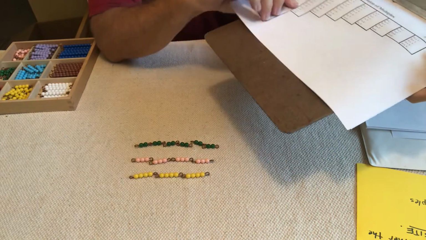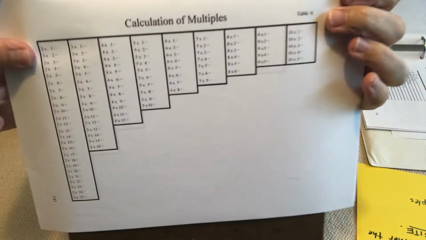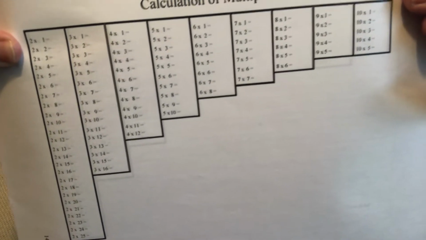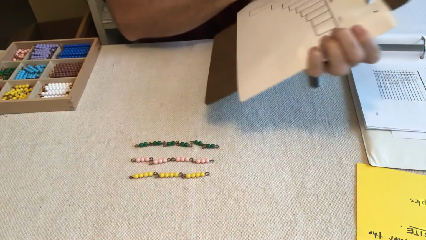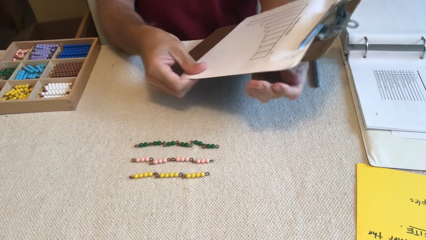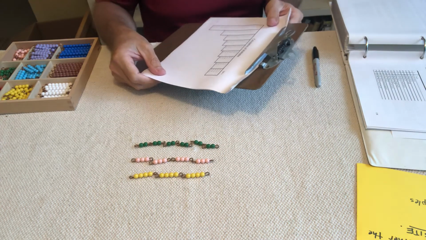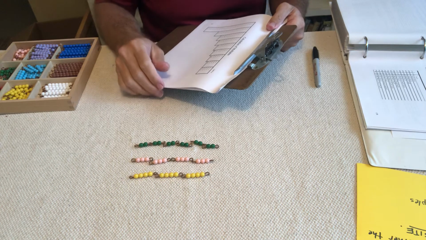So this is the column for 2s, and it says 2 times 1, and then 2 times 2, and then 2 times 3, and so on and so forth. So this is called table A, and this is what you're going to need to do first. And you can complete table A by using the bead bars.